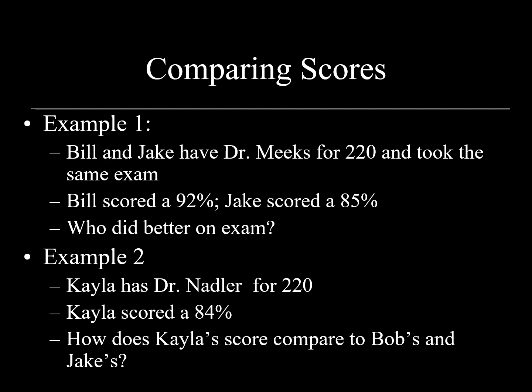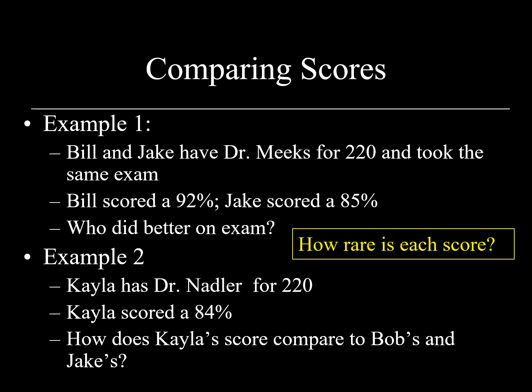So if we're looking for just objectively on a 1 to 100 scale, ignoring the individual differences of class, instructor, and time, we can basically say Bill scored highest, Jake next, and Kyla last. However, if the question again is a comparative, we need to go further. And that becomes how rare is each score in the distribution.